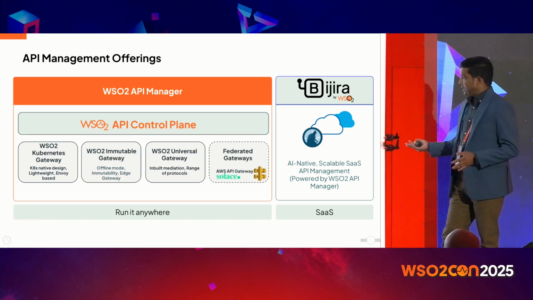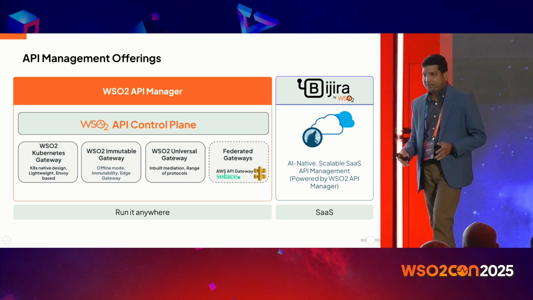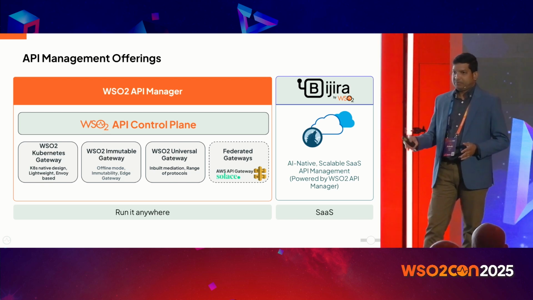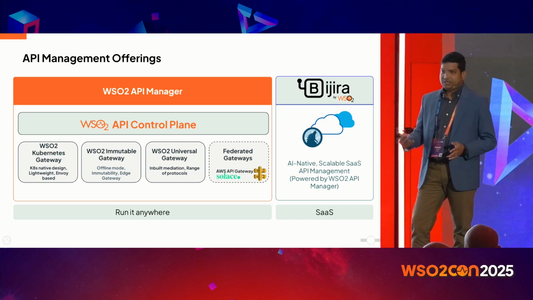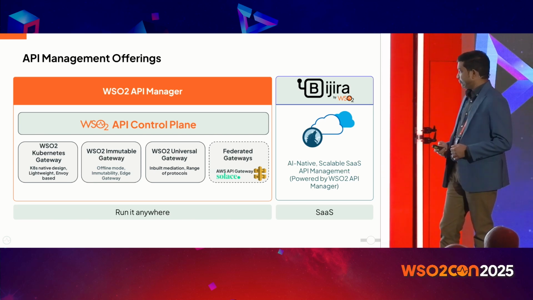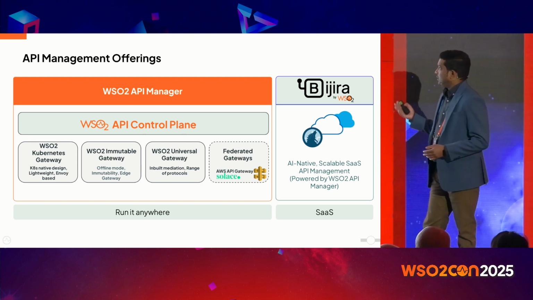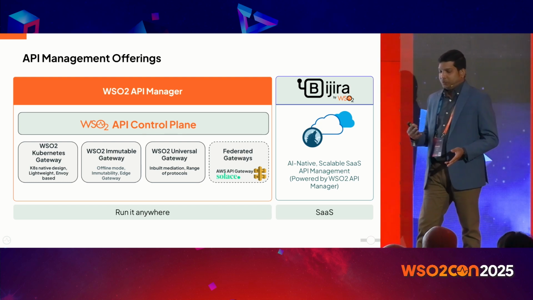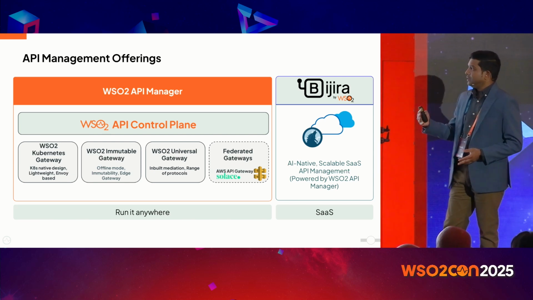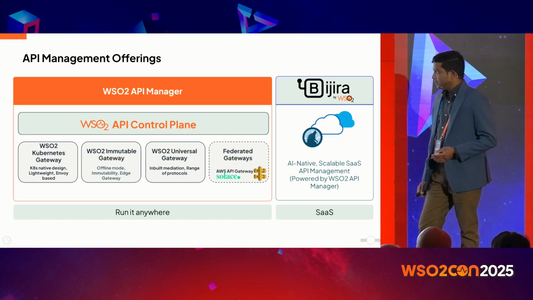We are focusing Bijira to be more AI native and cloud native so that we can add more value to the API management landscape by doing as many AI integrations as possible. That's why we are bringing a more focused offering as Bijira. You can do various things, and we have our own way of improving things in the APM landscape.